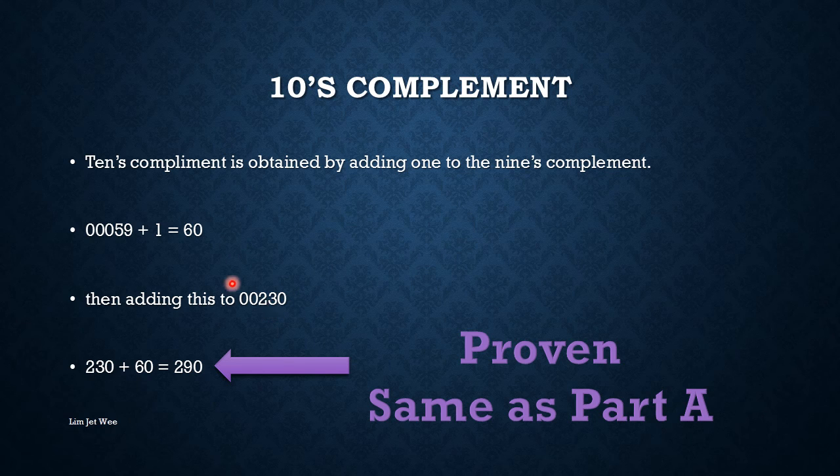So if I take the 230 and add the 60, I will get 290, which is the same answer as part A. And since it is the same answer as part A, it's proven that the 9 complement and 10 complement approach in part C gets us the result from part A, which uses our common sense reasoning, and therefore I say yes, it's proven to be true.